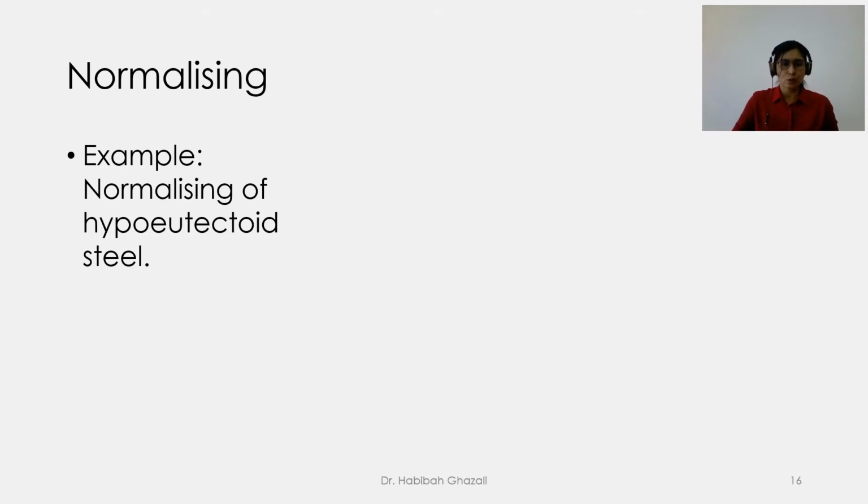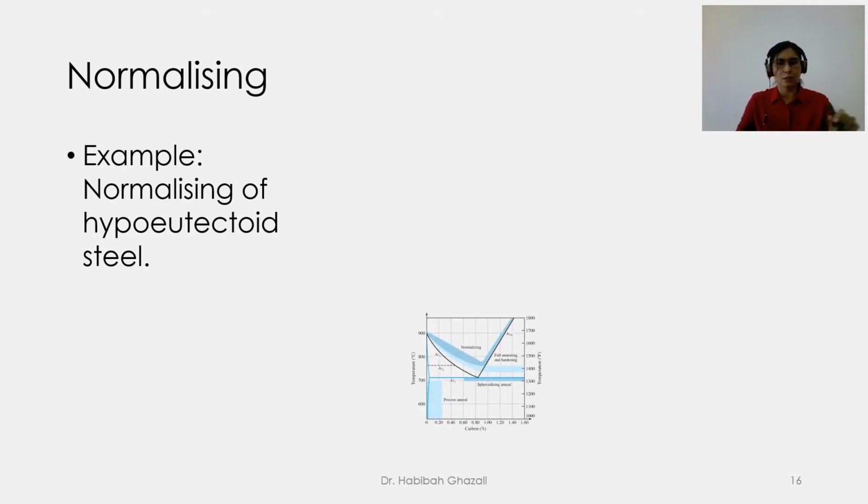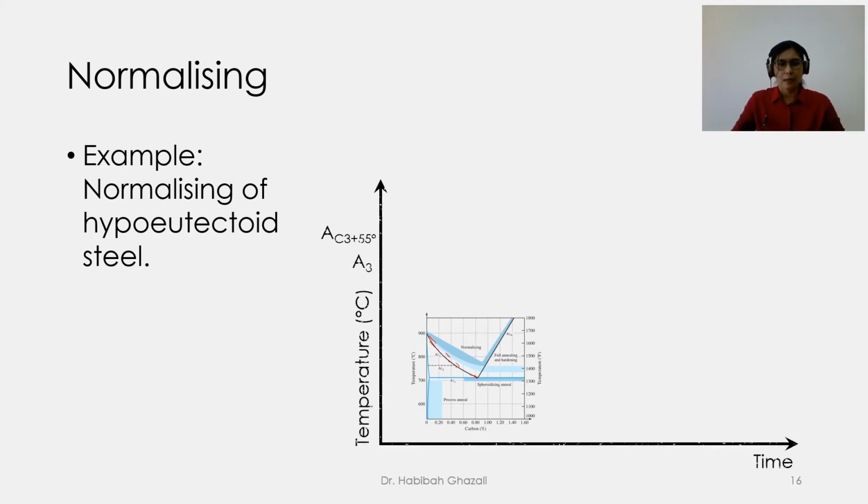So what you need to do for hypoeutectoid steel is to heat up the materials above this line here, above the austenite transformation line. So you take that steel that you have in your hand and you heat it up 55 degrees above the AC3 line.